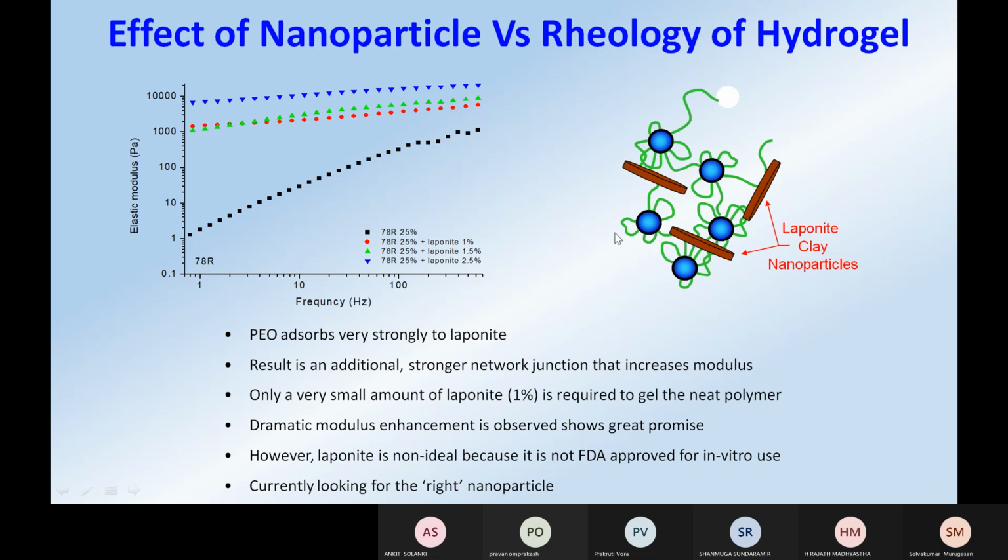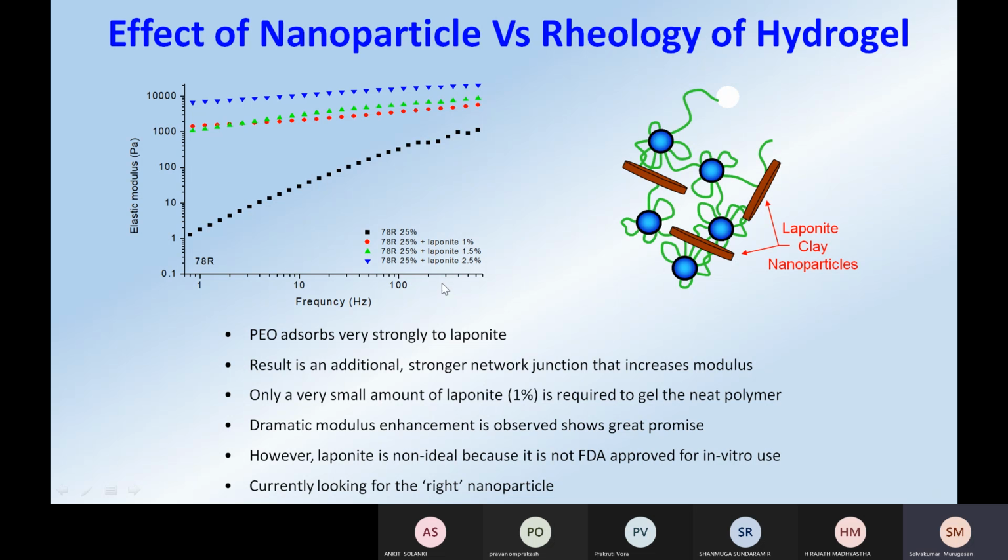You can see here, once they started to add this nanoplatelet, a laponite-based nanodisc, you can see the increase in the elastic modulus as compared to the pristine polyethylene oxide-based hydrogel. That is because the nanoclay has surface OH functionality, which are electronegative groups, and they actively participate in the formation of hydrogen bonds within that interaction mixture.